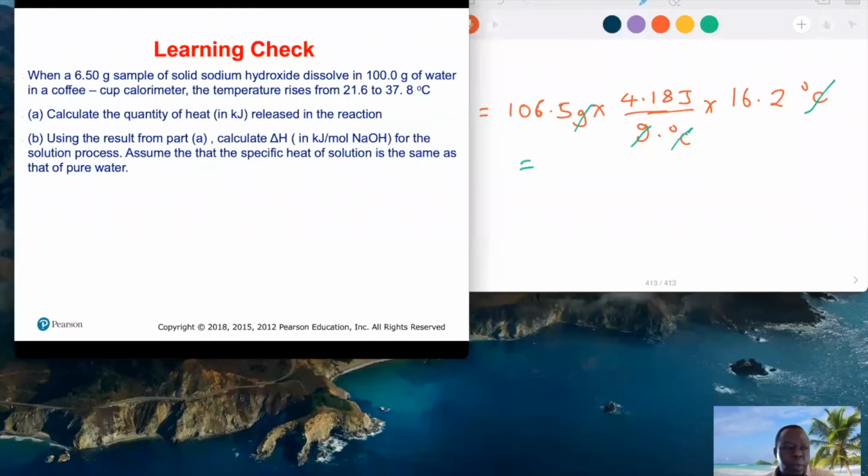If you multiply that, let me just get my calculator. If you plug in your calculator and multiply the values given, this is around 7.721 to 3 significant figures. This is kilojoules.